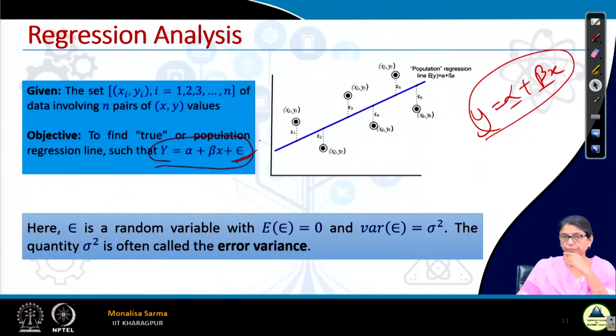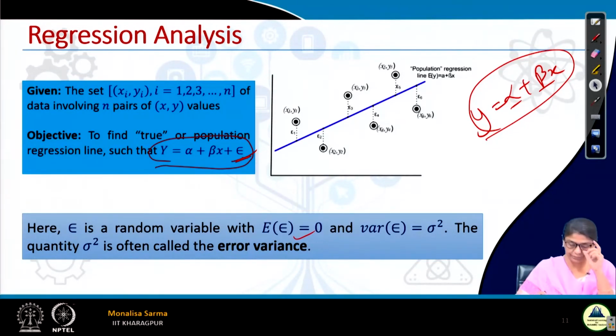epsilon. Okay. Now here this epsilon is a random variable whose expected value is equal to 0. This is the assumption we take. For a linear regression to be valid, our error component should be such that the mean of this error should be 0. If the mean of this error is not 0, the model which you come up with is not a proper model.